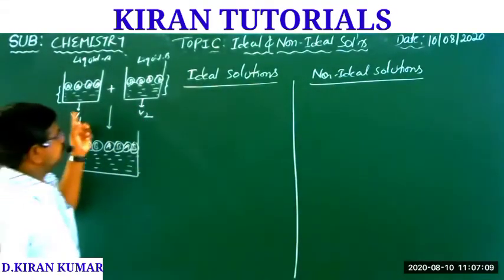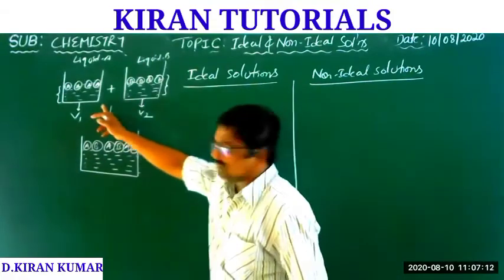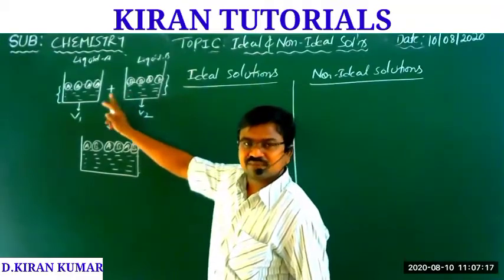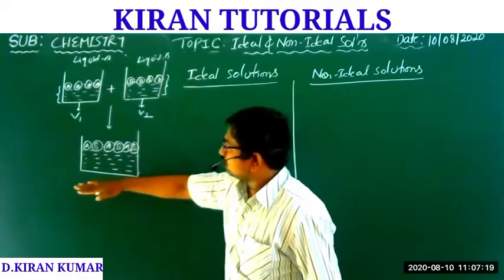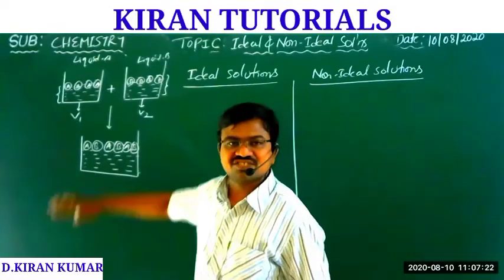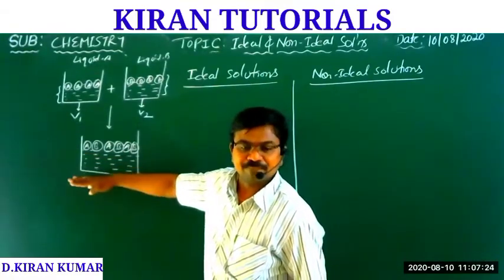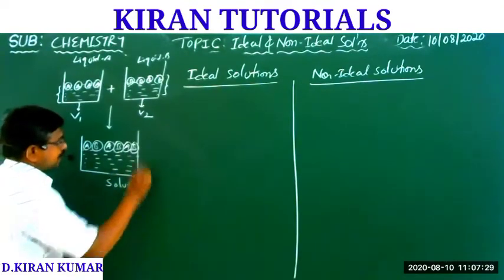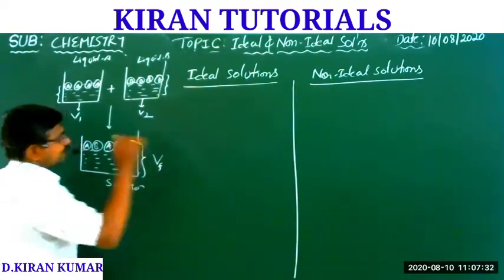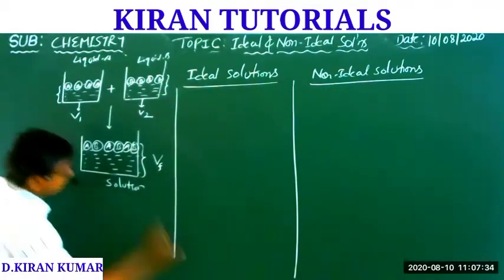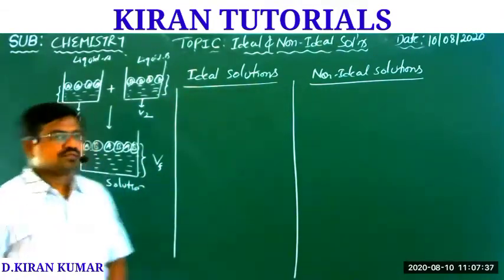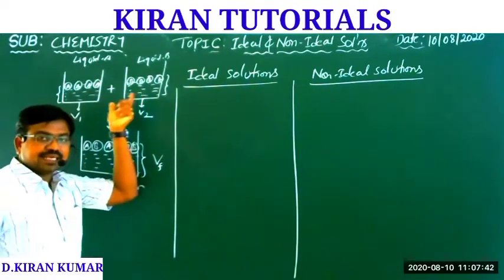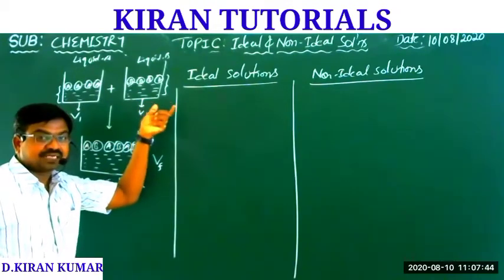Here one liquid is A and the other is liquid B, and when these two liquids are mixed, a solution is formed. It is a solution which consists of A molecules and B molecules, and its volume is the final volume. In liquid A, A particles are present, and in B, B particles are present.